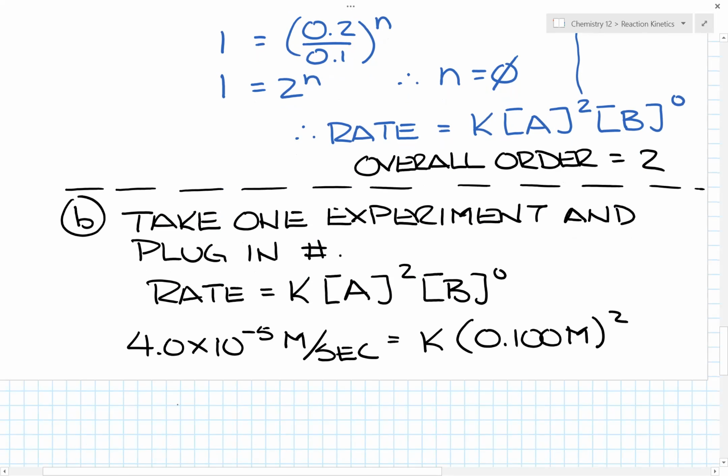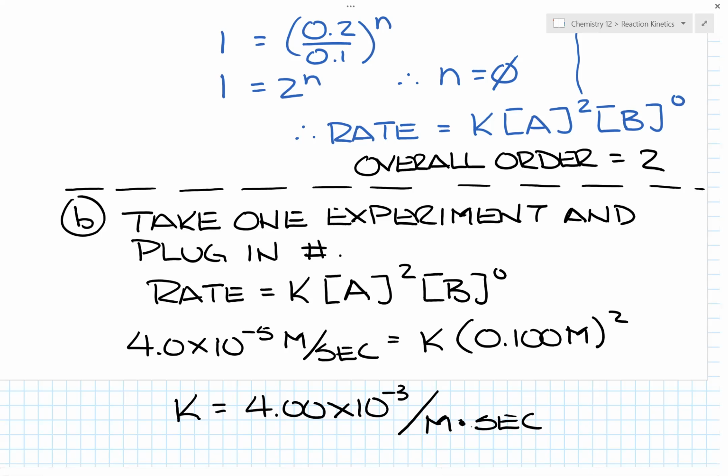And solving it, I get K is equal to 4.00 times 10 to negative 3 per molarity per second. Okay. Now, some of you might say, Mr. Chan, do we have to write the B to the power of 0? No, you don't have to, because it's kind of redundant.